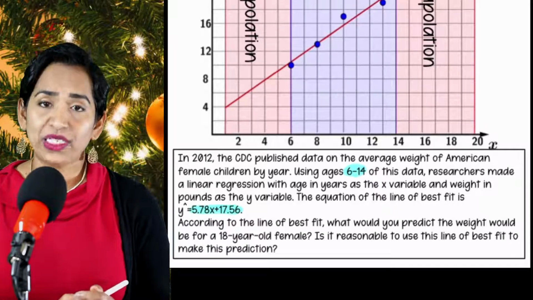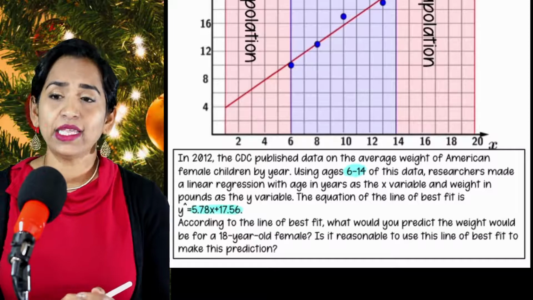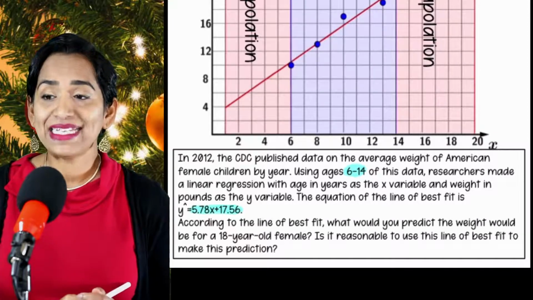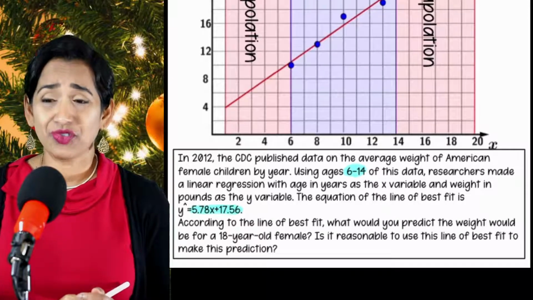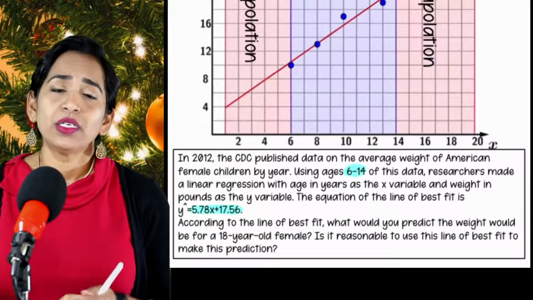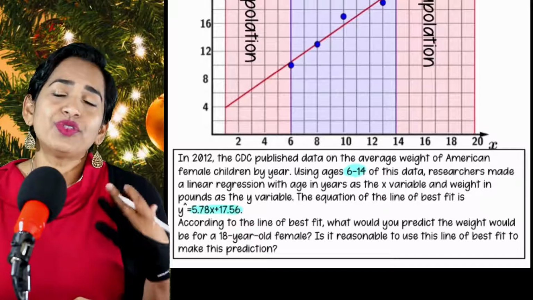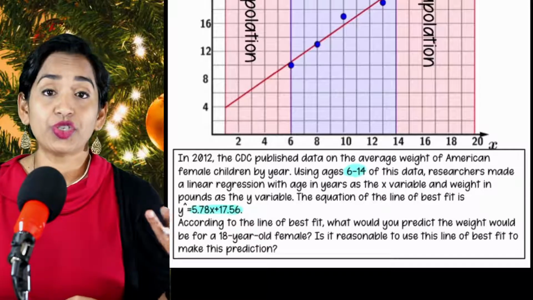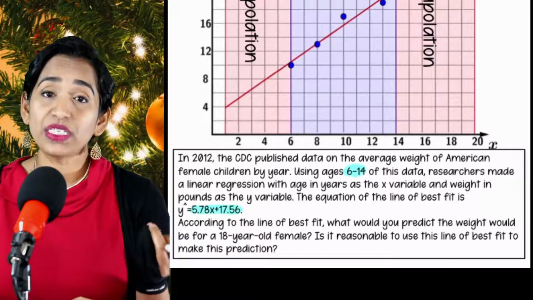According to the line of best fit, what would you predict the weight to be for an 18-year-old female? Is it reasonable to use the line of best fit to make the prediction? So once you find the line of best fit, you cannot just use it for any prediction. You have to see whether the predictions are reasonable or not.